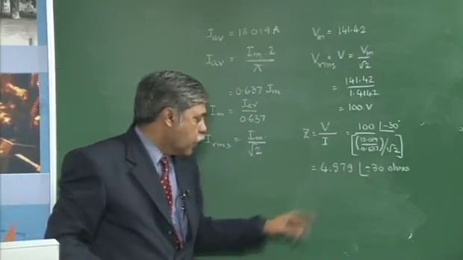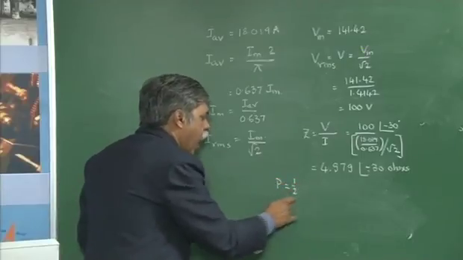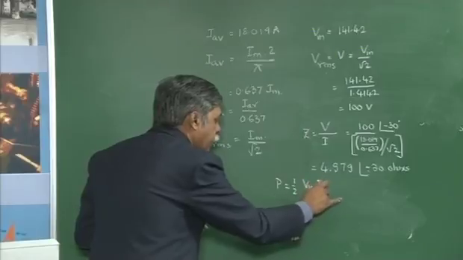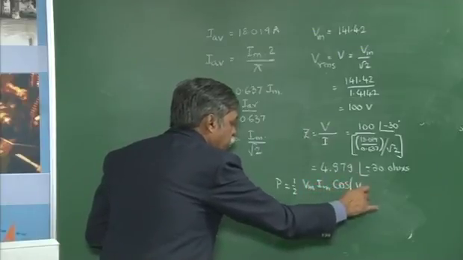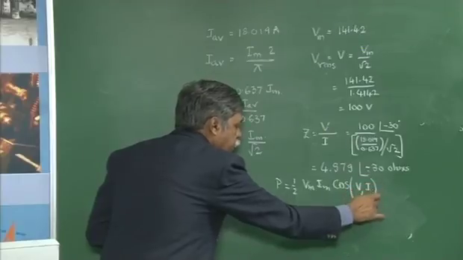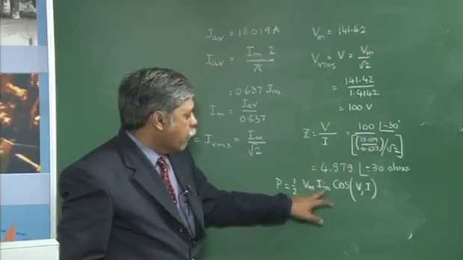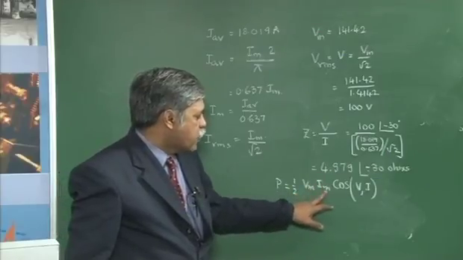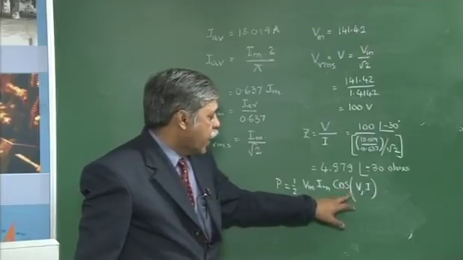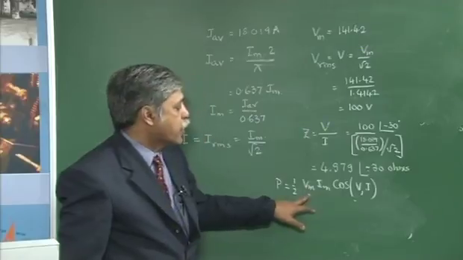Now when it comes to the power, on the slide I have given a solution like this, half of Vm Im, okay, cosine of the angle between V and I, okay. So this Vm by root 2, Im upon root 2, that is the RMS value of the voltage, the RMS value of the current, cosine of the angle between the RMS value of voltage and current, that is the expression for average power.